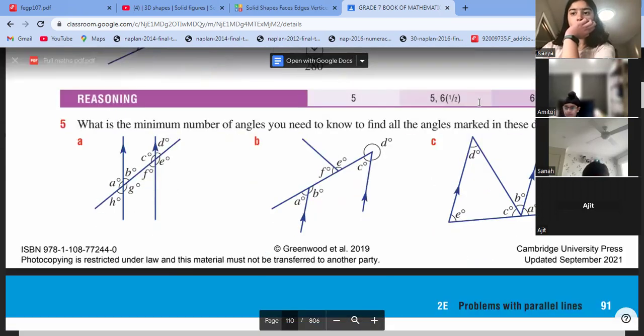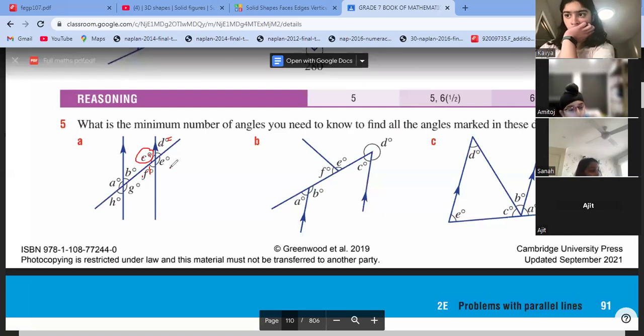Now here you have been given a question: what is the minimum number of angles you need to know to find out all angles marked in these diagrams? So if you know only one angle in it, suppose you know angle D, you can find out F also, then you can find out C because they are forming a linear pair.